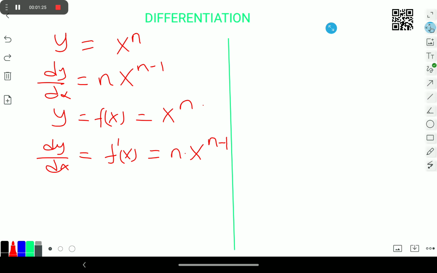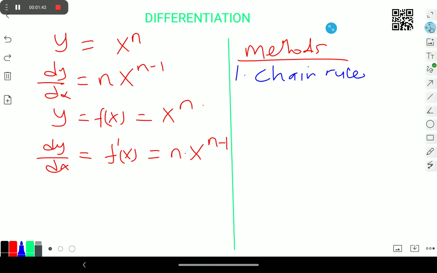After that, let us look at the methods. One, we shall look at what is called the chain rule.